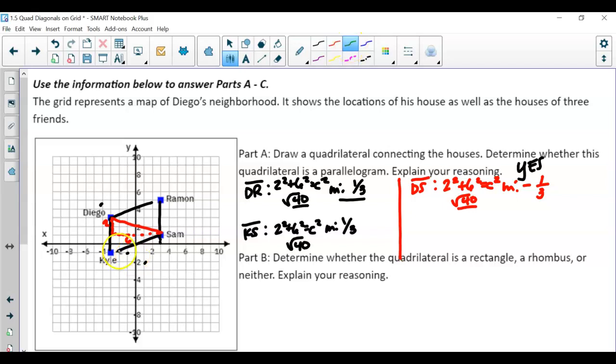Then here, going to the other diagonal, Kyle and Ramon. I'll label that KR. Now notice this slope is positive, and getting our rise and run, you end up with a rise of 6 and a run of 1, 2, 3, 4, 5, 6.